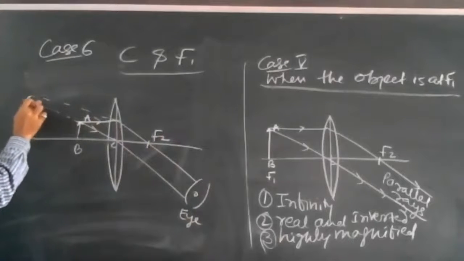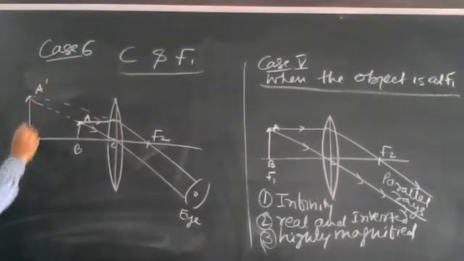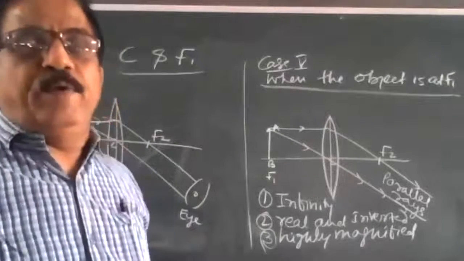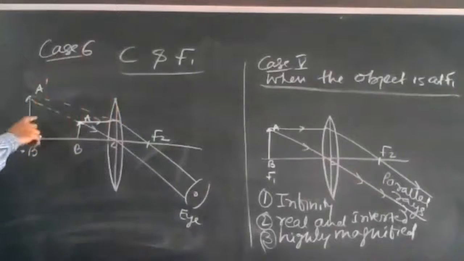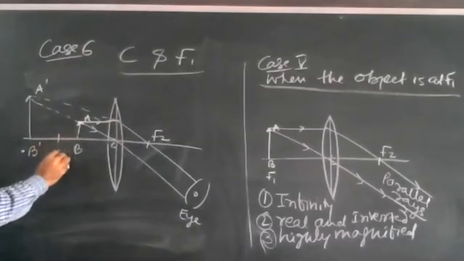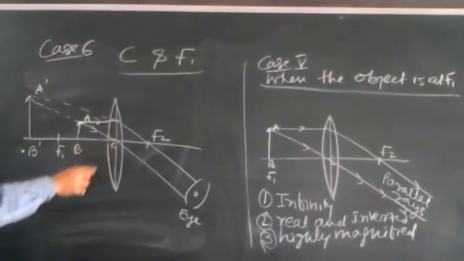a virtual and erect image A'B'. Virtual and erect image we are getting here, that is A'B'. This is our F1. The object is lying in between the optical center and F1. So we are getting the image like this.